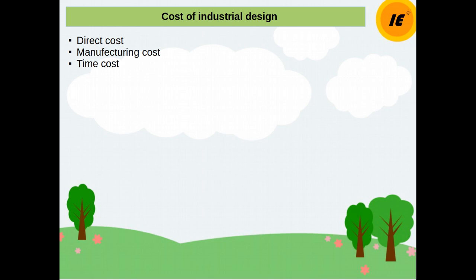Now, manufacturing cost is the expense incurred in implementing the product details created through industrial design. So for example, surface finishes, stylized shapes, rich colors, and many other design details. This can increase tooling cost and or production cost.